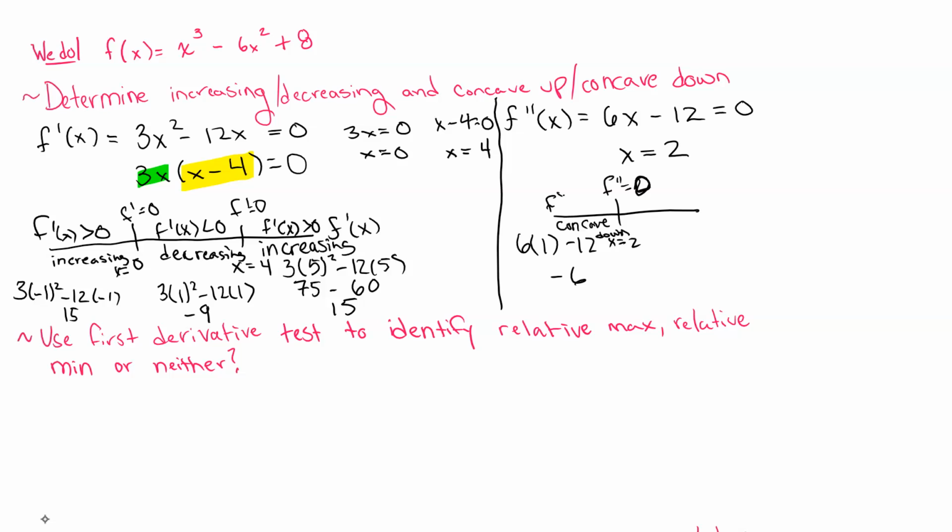And that's because our second derivative is less than 0. And then we'll pick a value on the other side. It's positive, so concave up. And that's going to be because our second derivative is greater than 0. Notice we change from concave down to concave up.